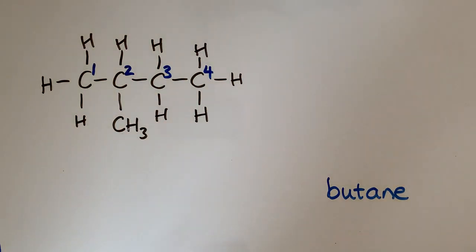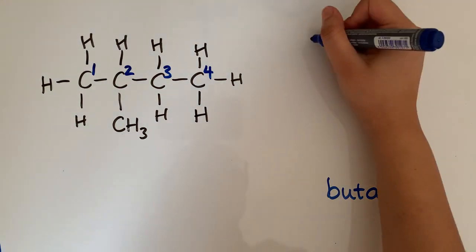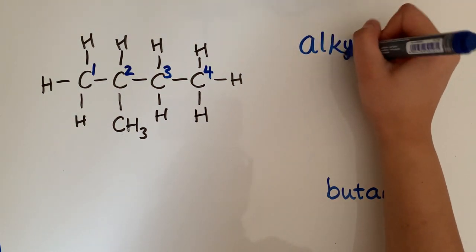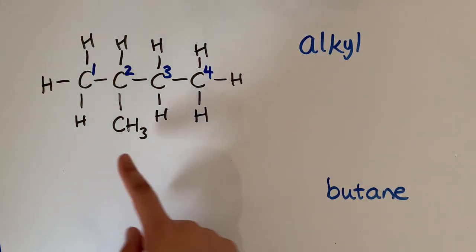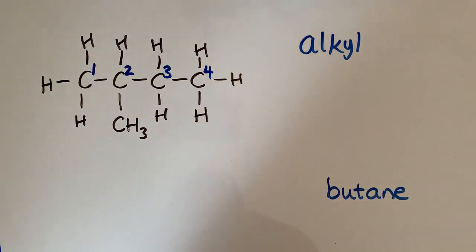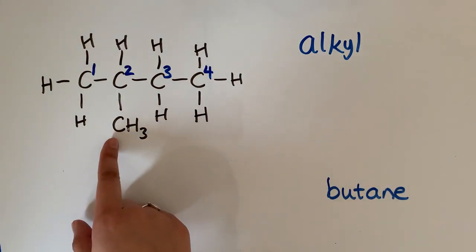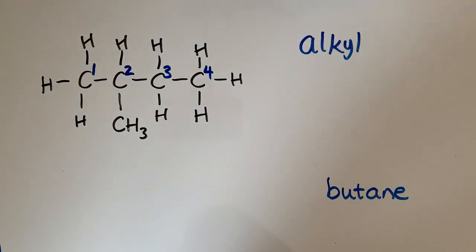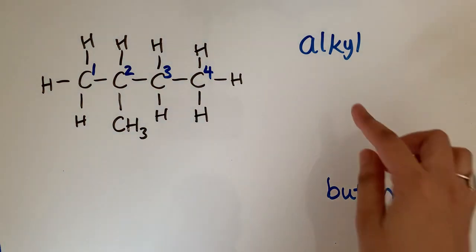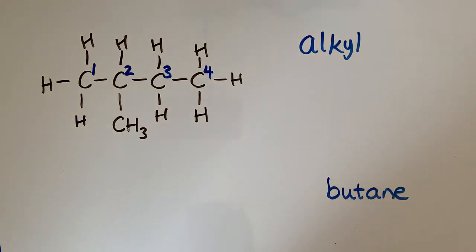So now we need to have a look at what we call this branch. These branches are called alkyl branches. The number of carbons that we have goes at the beginning, and at the end we end it in -yl. For example, this branch only has one carbon. We know that one carbon has the prefix meth, and because it's an alkyl group, a branch, we call that methyl.